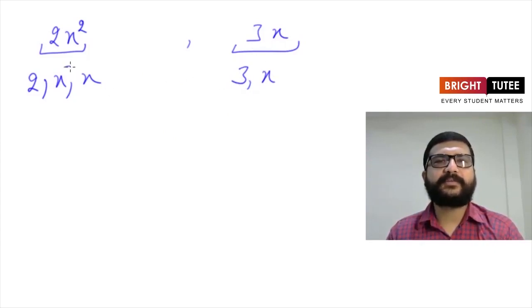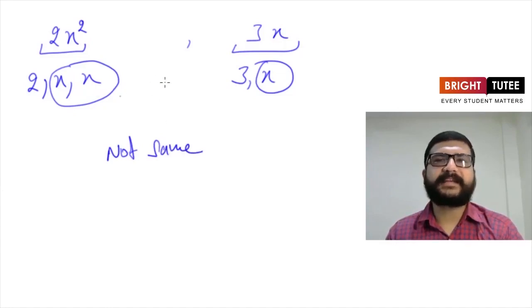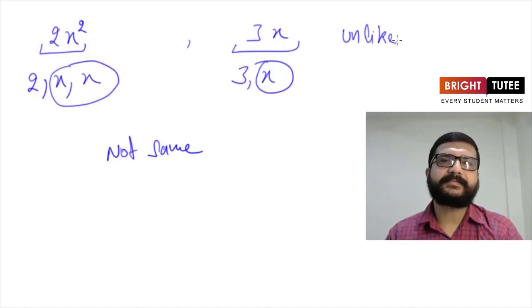Now what do you think about their algebraic factors? Are they the same? Here we are having 2 x's, but here there is only 1 x. So again they are not the same. They have to be exactly the same. Here the variable used is the same, but the number of times the variable is coming is not the same, because here we are having 2 times x, but here there is only 1 x. So again these two terms are unlike terms.